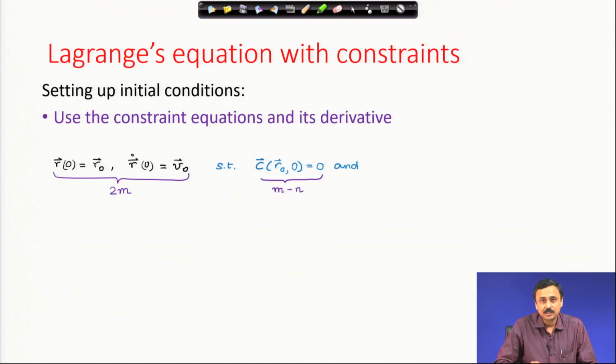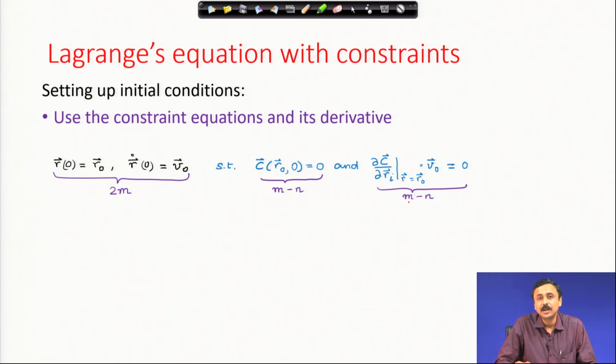The initial position therefore must satisfy all the constraints, the constraint vector. So, m minus n of these constraints must be satisfied by the position vector at t equal to 0. Similarly, the initial velocity v naught must satisfy this constraint, which is obtained by time differentiating the constraint.